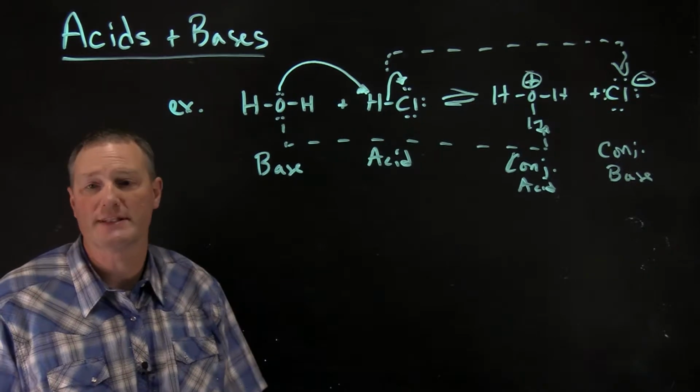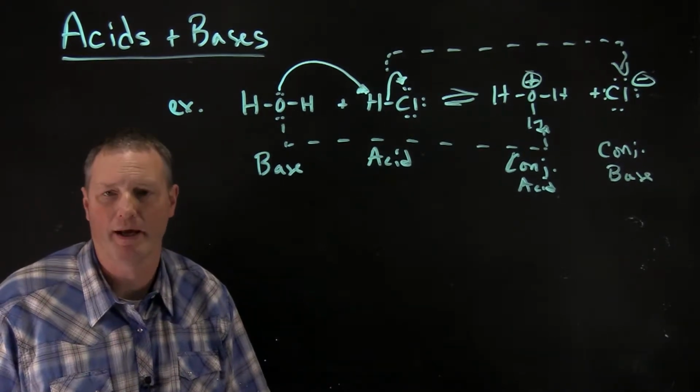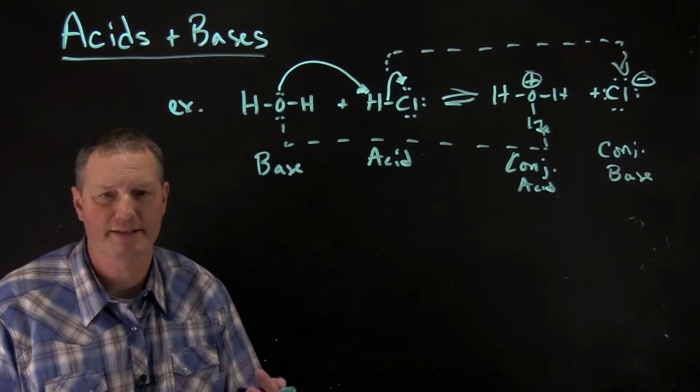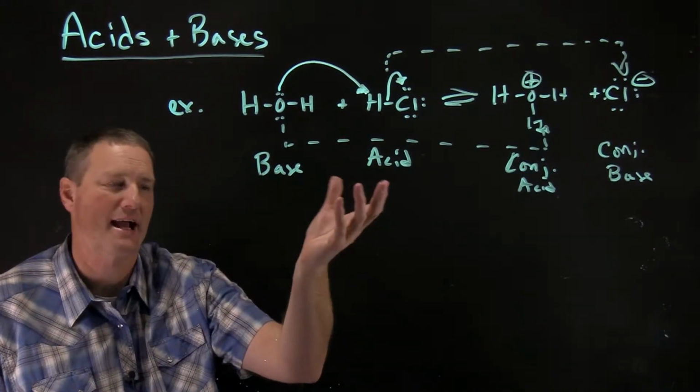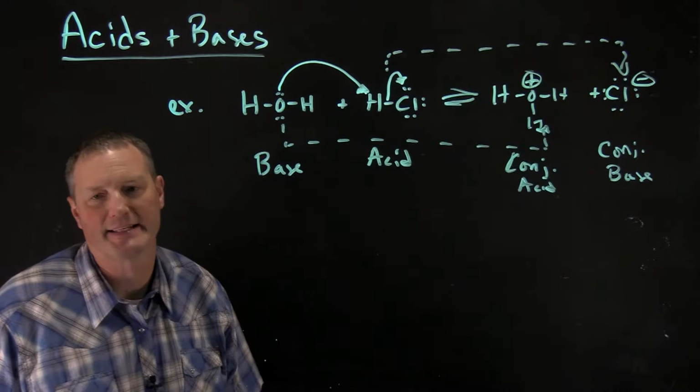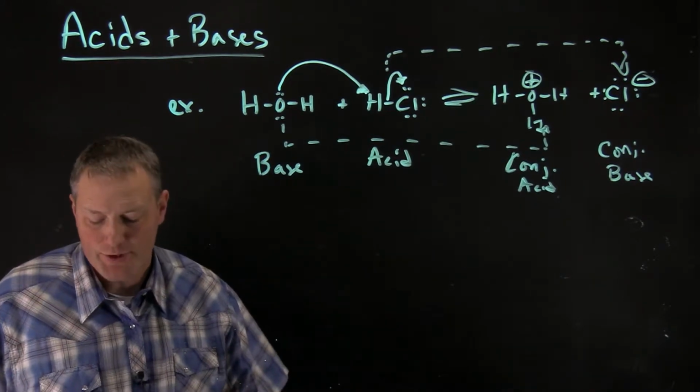Those are two examples of species that could be acids or bases, and you'll encounter lots of problems where you have to identify which species is acting as the base and which is acting as the acid.